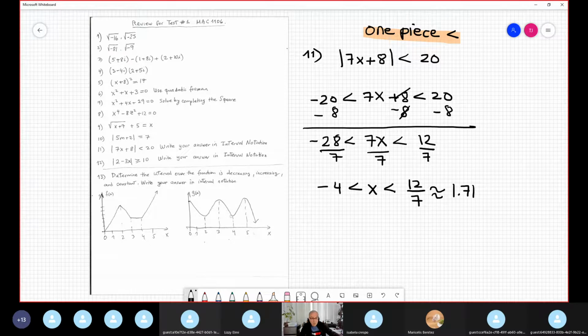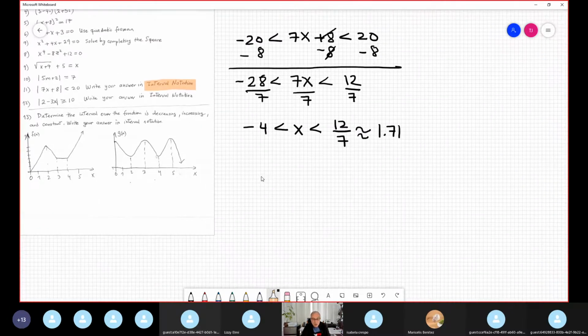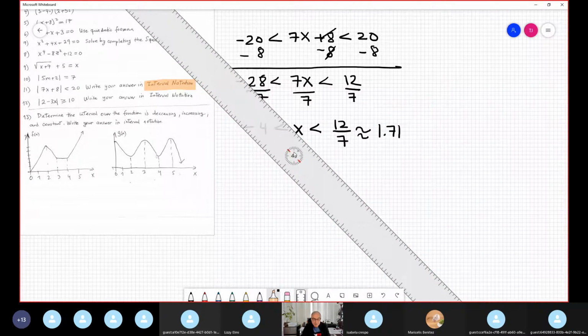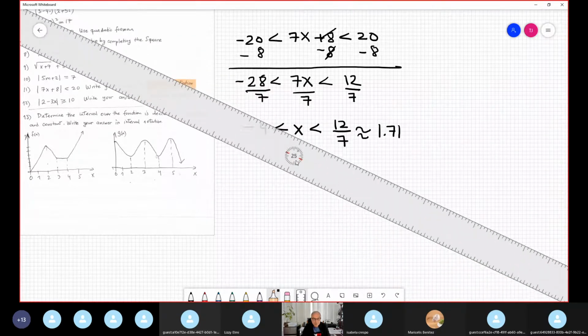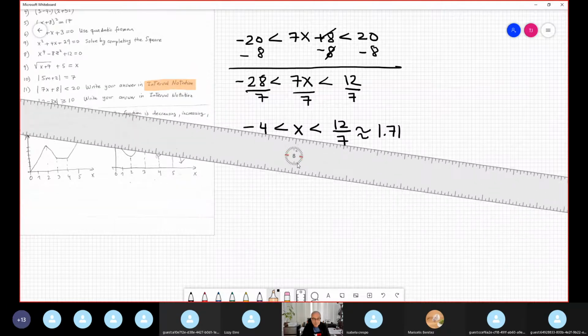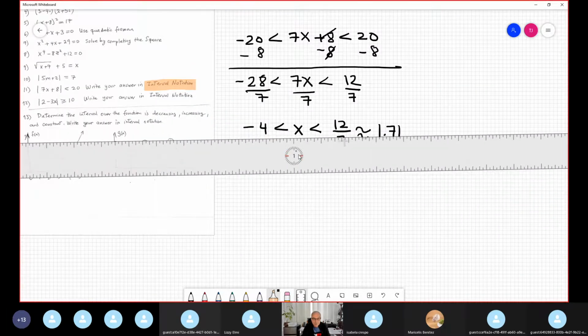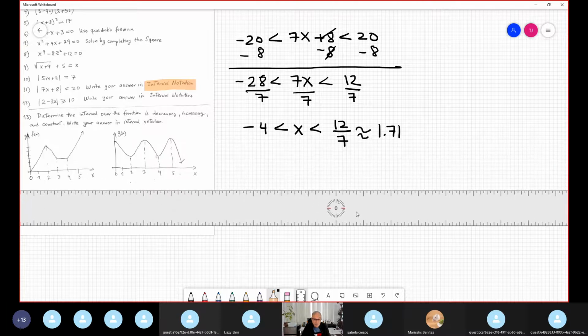Now, remember, the question says express the answer in interval notation. So my answer is expressed in interval notation. If you are doing it so far and no interval notation, 0 for you. Okay. So now, how do you do that? Well, this is my rule. This is my real number line.